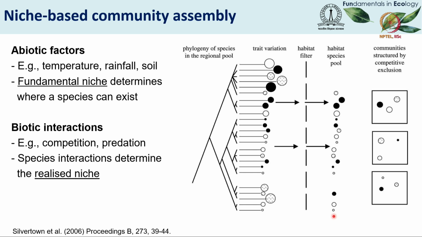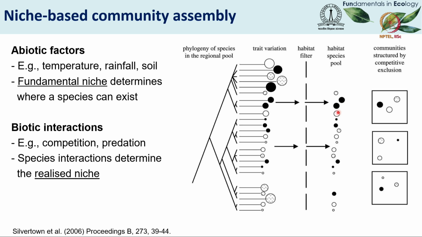So you've got these smaller sized species that have passed through the habitat filter, and now let's say the solid circles, which are black, are carnivores, the hatched circles are omnivores, and the open circles are herbivores. And so if competition is structuring these communities, 2 carnivores that are competing for the same resources, or 2 herbivores, or 2 omnivores that might be competing for the same resources, should not be found together.